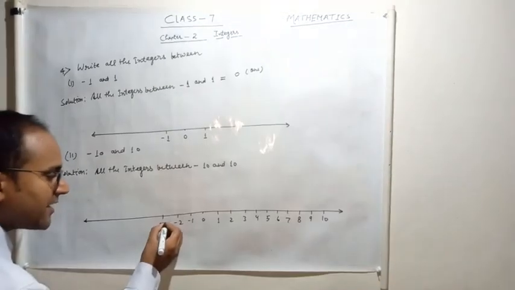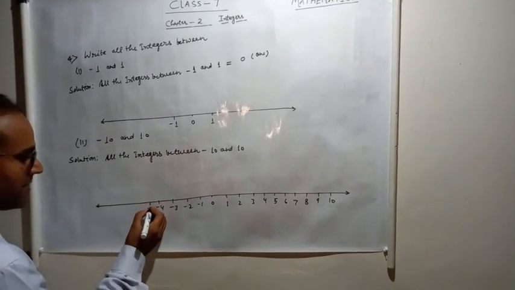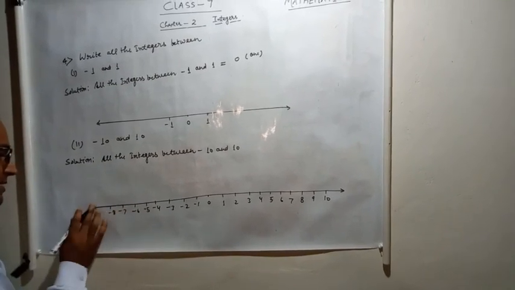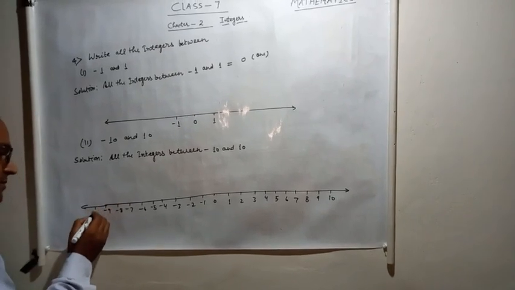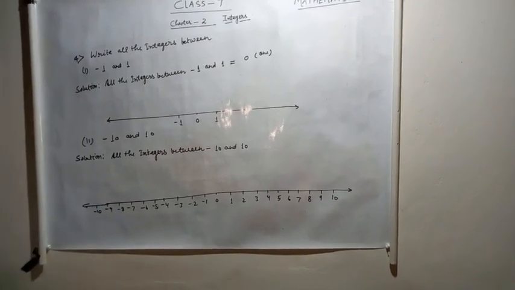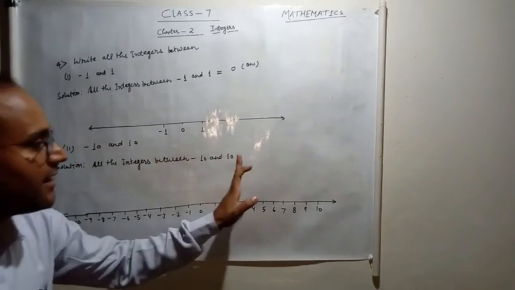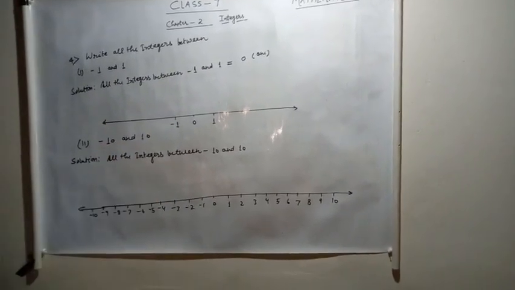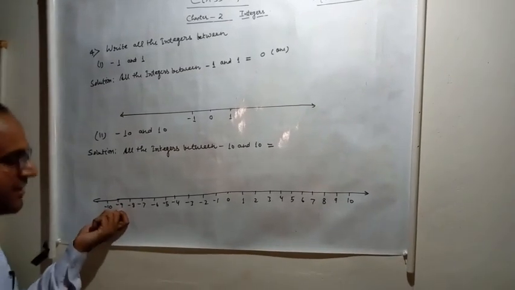So I am going to represent -1, -2, -3, -4, -5, -6, -7, -8, -9, -10. The integers between -10 and 10 do not include -10 and 10, and all the remaining integers lie between them. So from the minus side, here is -9.